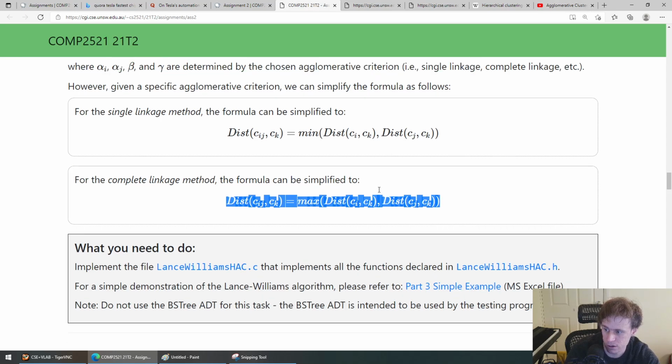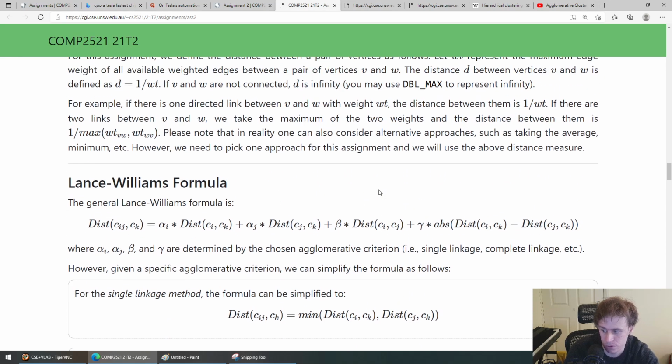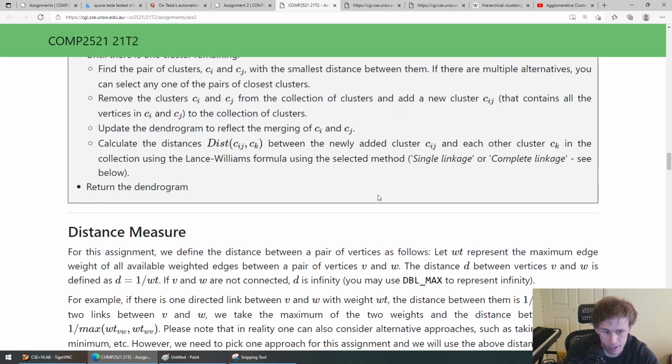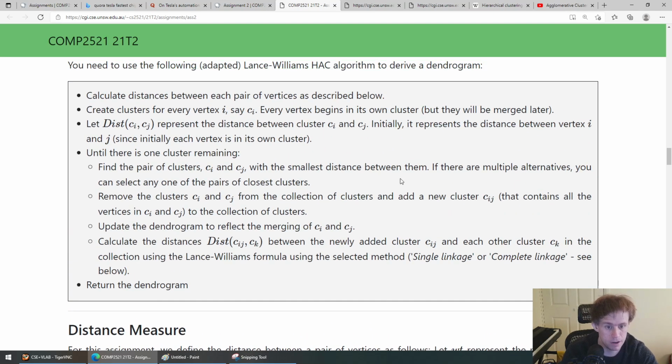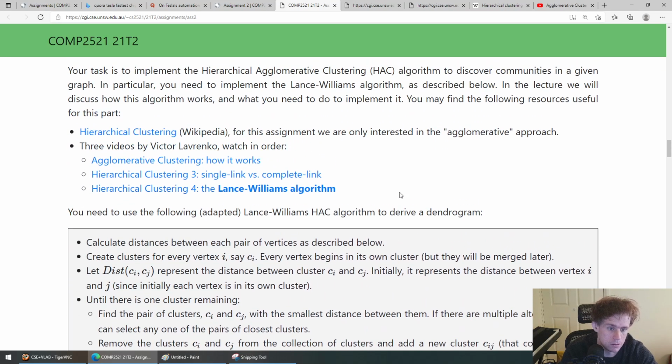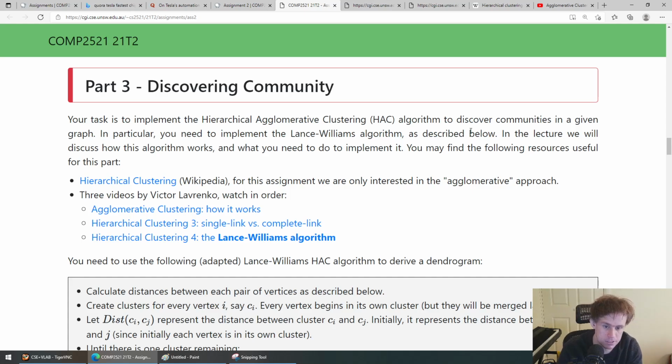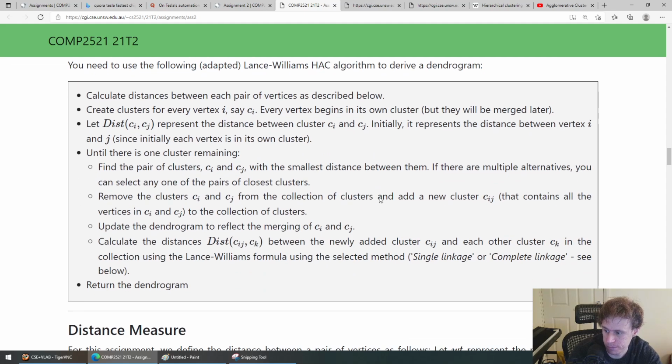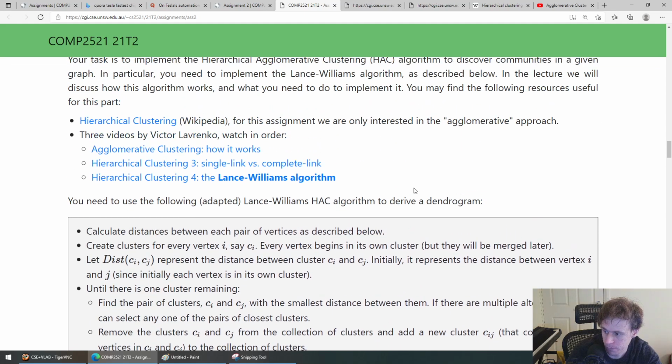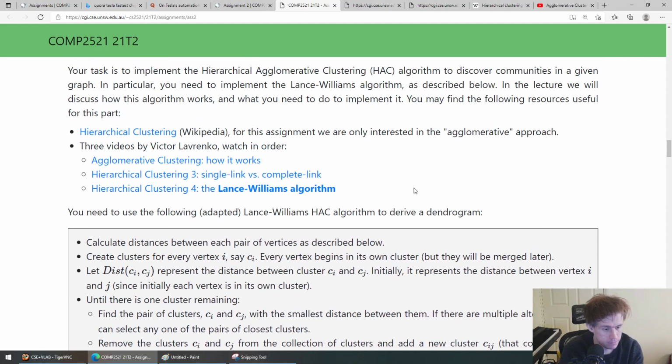So the whole point of part 3 of assignment 2 is to take a graph and produce a dendrogram, or a tree, where that tree is how things are clustered. And you generate that tree just by following this algorithm here. I actually think, again, it's quite well prescribed.